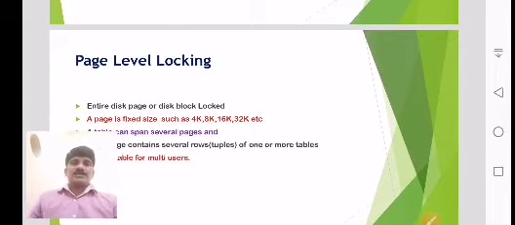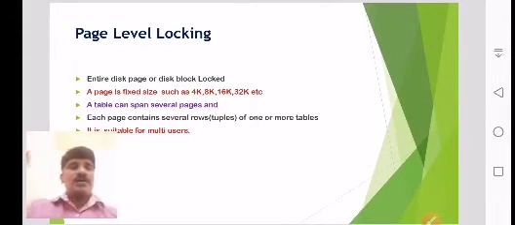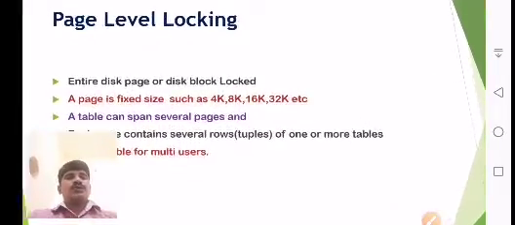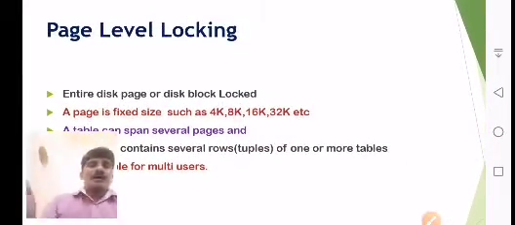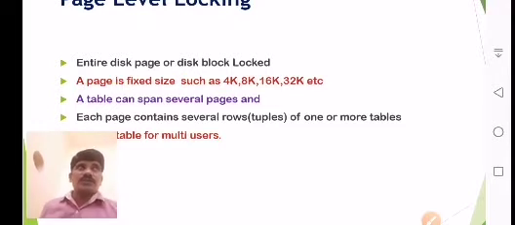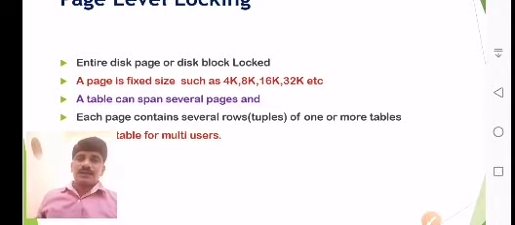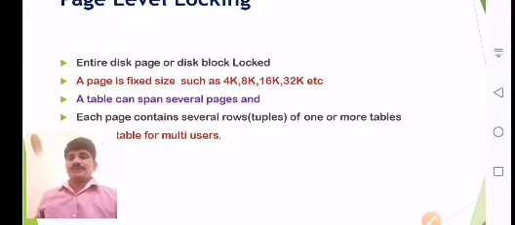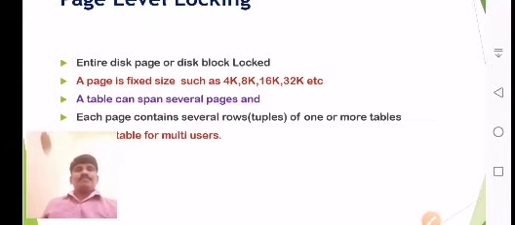Next is page level locking. Here the entire disk page is locked. In page level locking, we lock the entire disk page. A page is another name for a block.